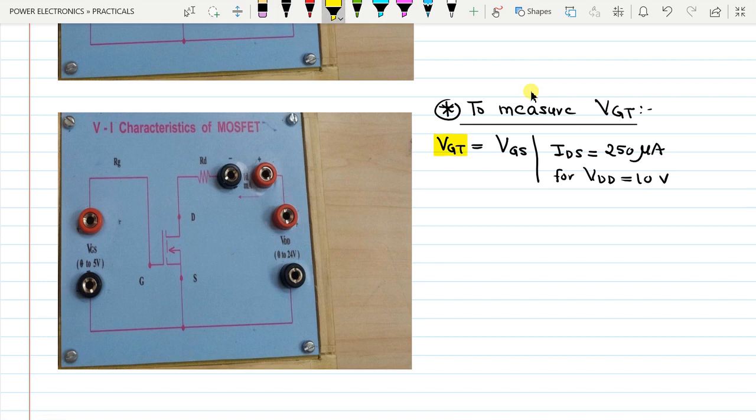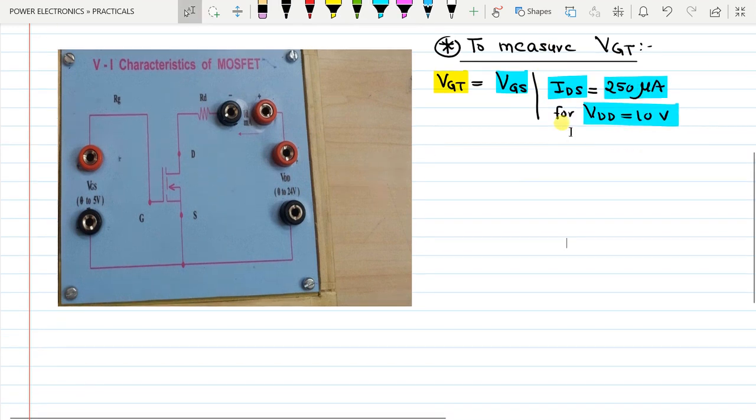So VGT is that value of VGS at which the drain current is equal to 250 microamperes for VDD equal to 10 volts. We have to impose these conditions on this circuit here.